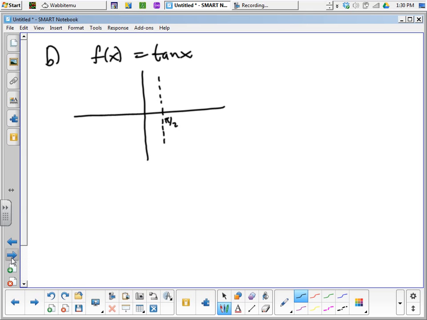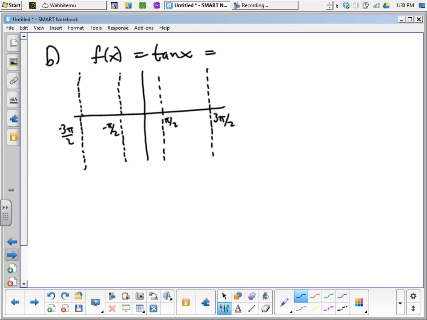Pi over 2, 3 pi over 2, negative pi over 2, negative 3 pi over 2. Right. If you ever forget those, does anyone know how you can figure that out again?